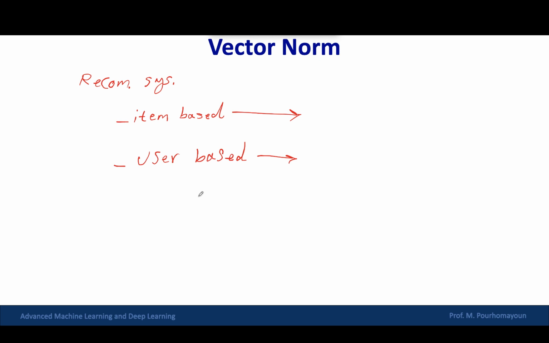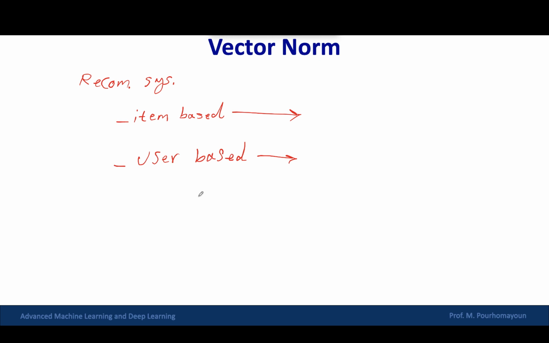Okay, so these are two different approaches for recommendation, and they have their own applications. Sometimes you want to recommend a similar product to users, to watch a similar movie, for example. Sometimes you want to recommend something that similar users did.